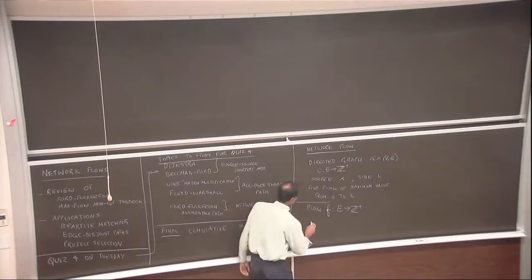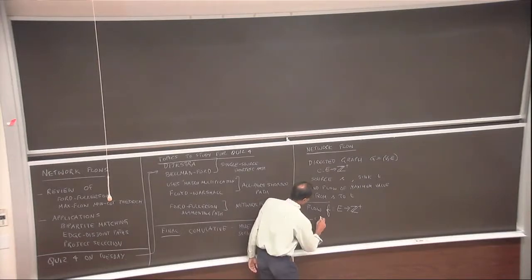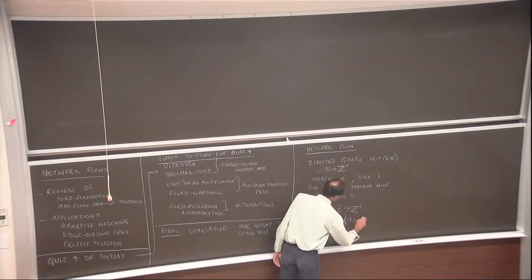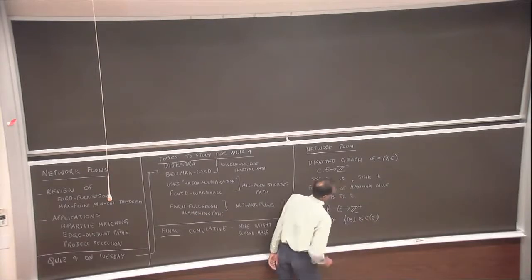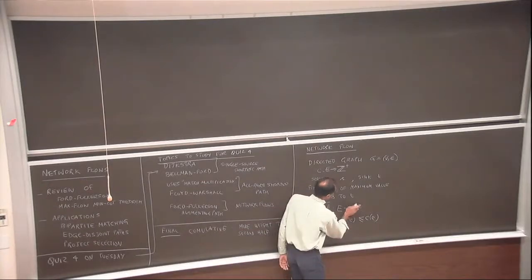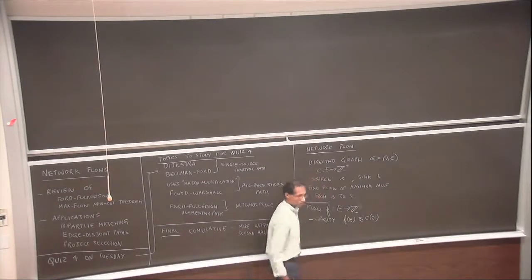What should it satisfy? It should satisfy capacity constraints. That is, for every edge, the flow should be less than or equal to the capacity of the edge. And the flow should be non-negative, meaning it allows zero values, of course.